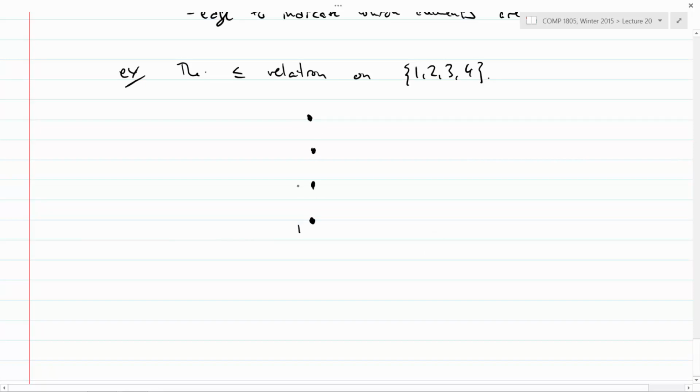So I'll say this is 1, 2, 3, 4. And now I start drawing edges. So I know that 1 is related to 1, because 1 is less than or equal to 1. I know that 1 is less than or equal to 2. I know that 1 is less than or equal to 3. And I know 1 is less than or equal to 4. So far so good?